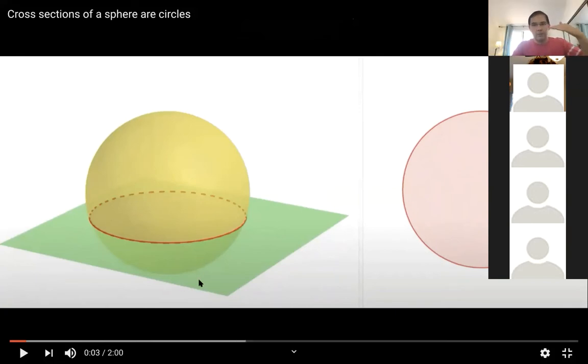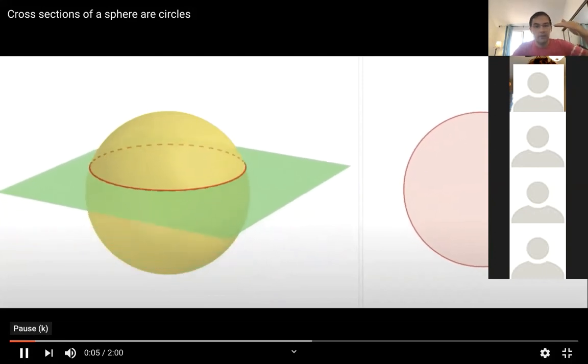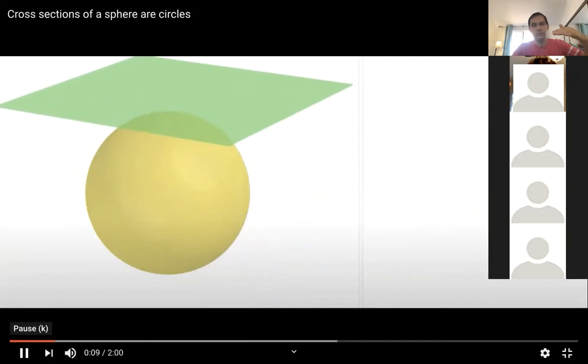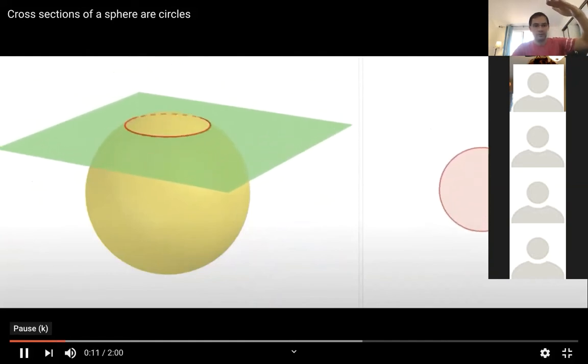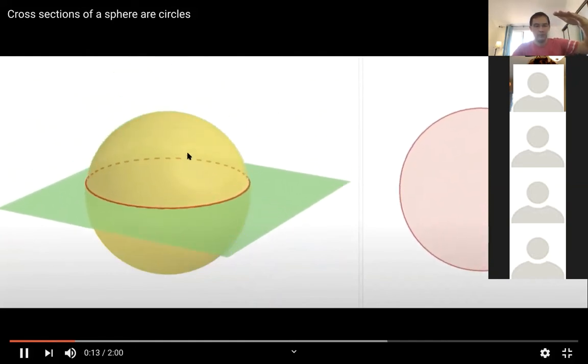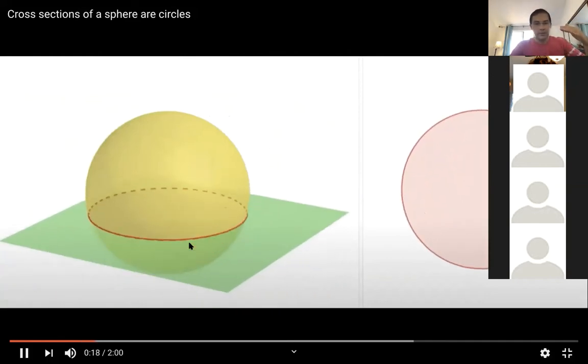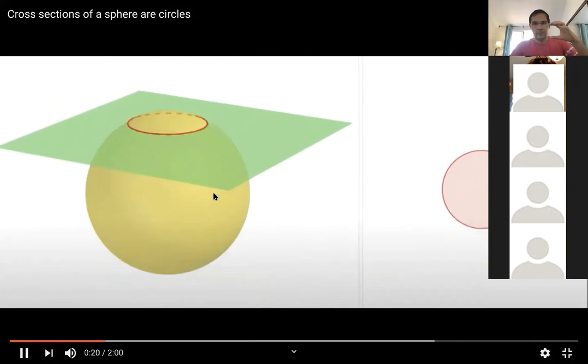And then I will be looking at the corresponding cross section. I can do this either orthogonal to the y-axis. So for example, this is my cross section on a different level. So there's no intersection, but then here the cross section is small, and then it gets bigger and bigger and bigger. So this is the intersection of this apple and this plane.